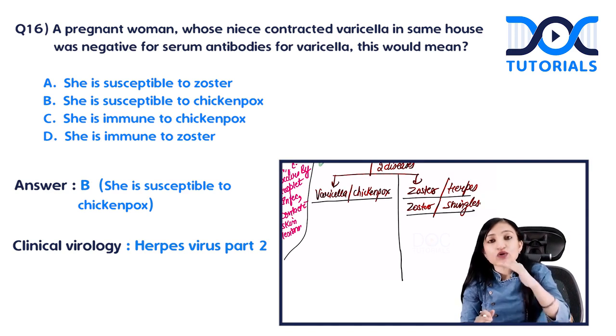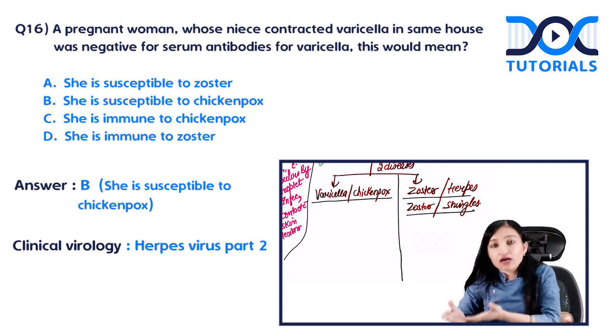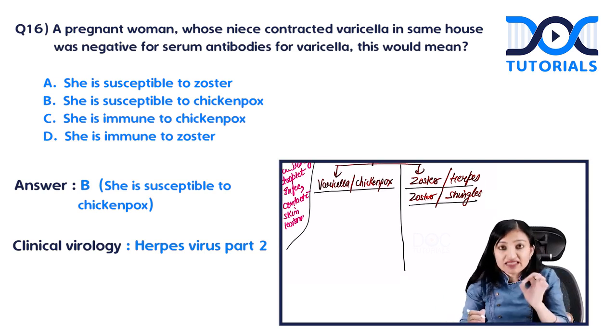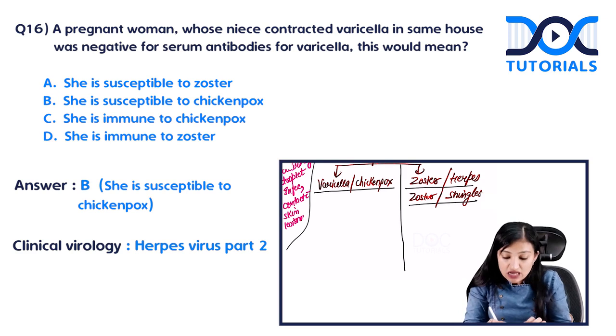Then it becomes latent or hidden in the body at some site or the other. Then later on, it can wake up from sleep and cause reactivation infection. Applying the same concept over here, as far as Varicella-Zoster virus is concerned, varicella or chickenpox is the manifestation of primary infection.